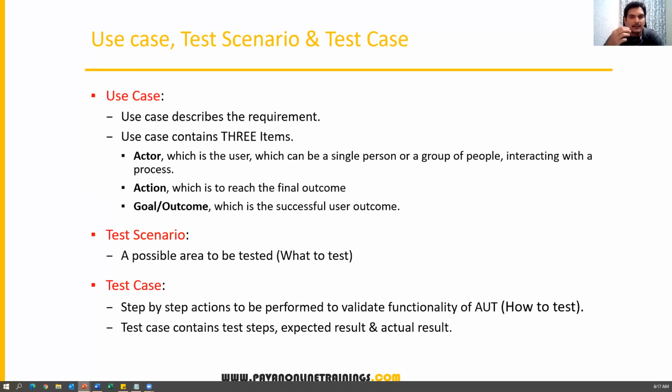At the initial level, we will identify all the test scenarios, like what to test. We have to be very clear on that. Once you identify all the scenarios, for each scenario we will write multiple test cases.